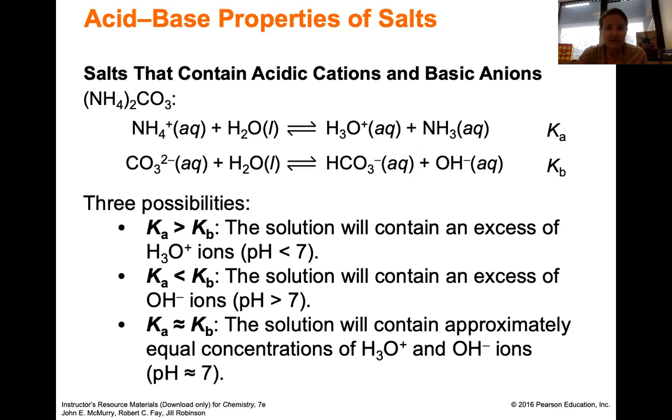So the way you figure it out is you look at the Ka and the Kb. So the Ka for the NH4+ in water, and the Kb for the carbonate, if you look at those two values, if the Ka is bigger than the Kb, the solution will be acidic.